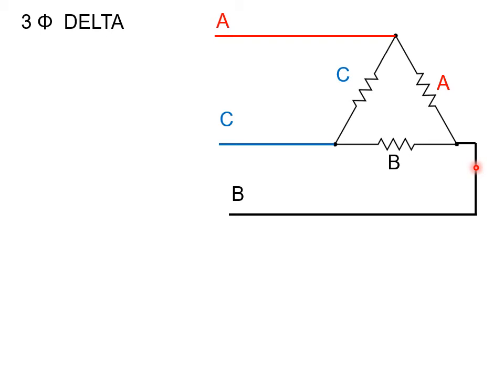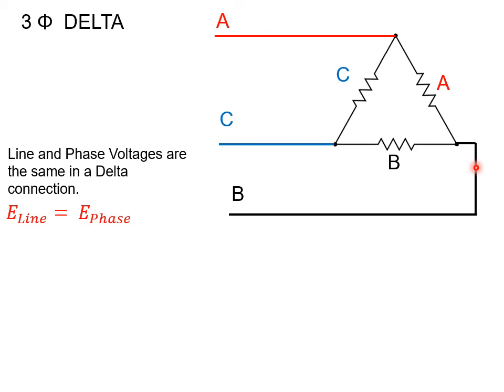So let's review our delta. In a delta, line and phase voltages are the same, where our line value is directly across any phase. So those two voltages have to be the same.